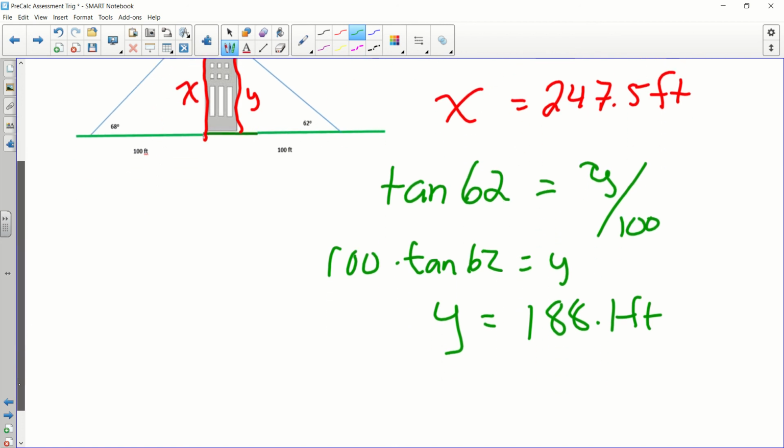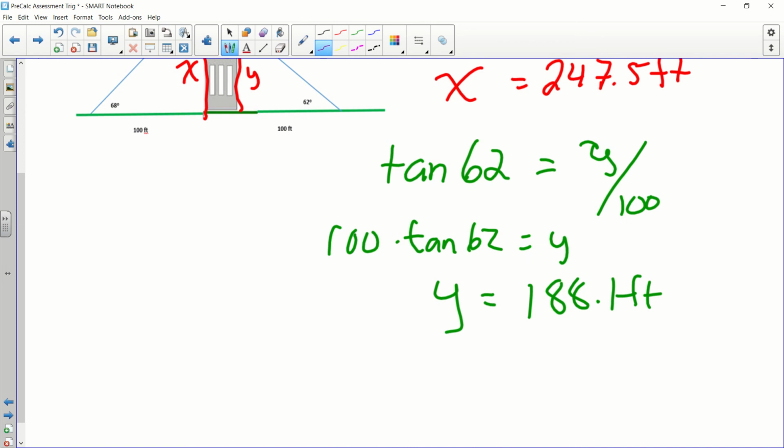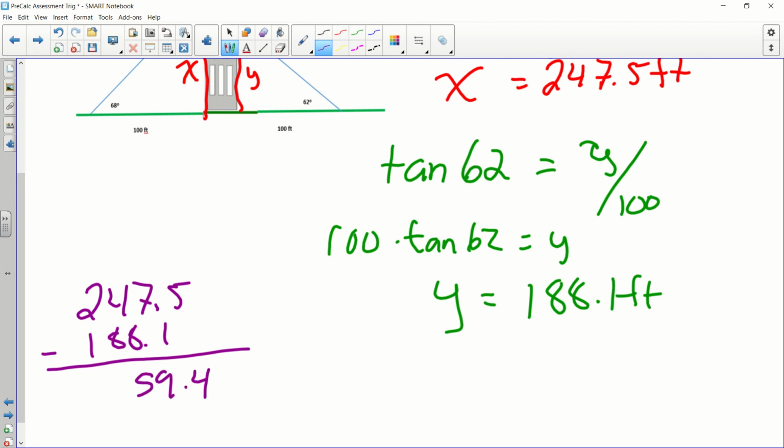So to find the height of the tower, I need to subtract 247.5 minus the height of the building, 188.1, and you should get 59.4.